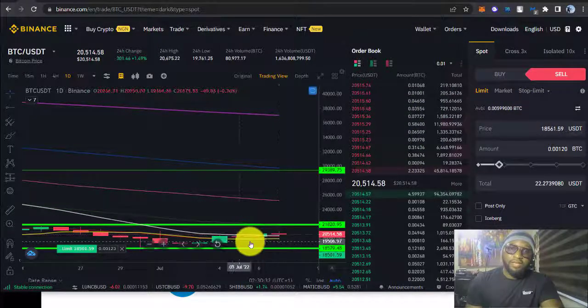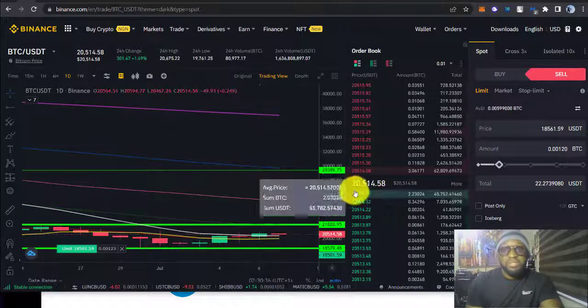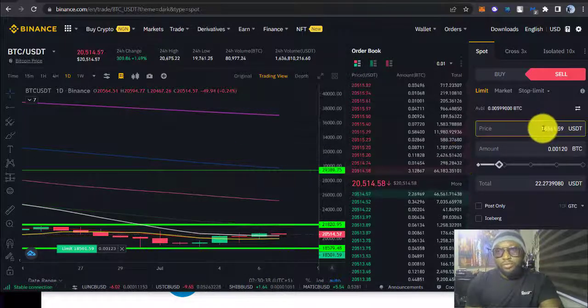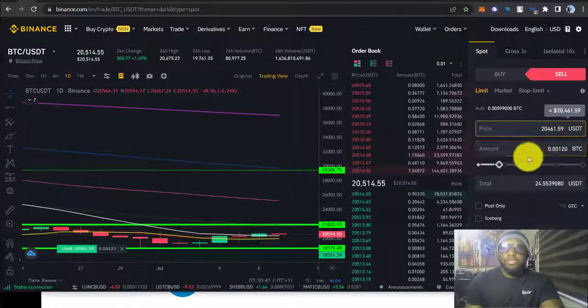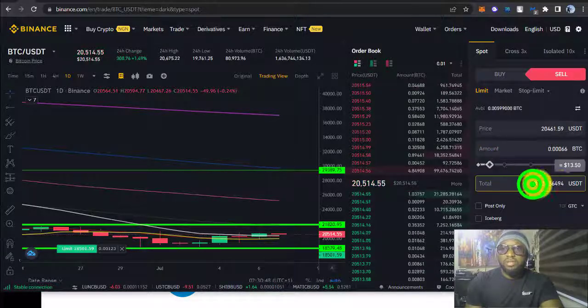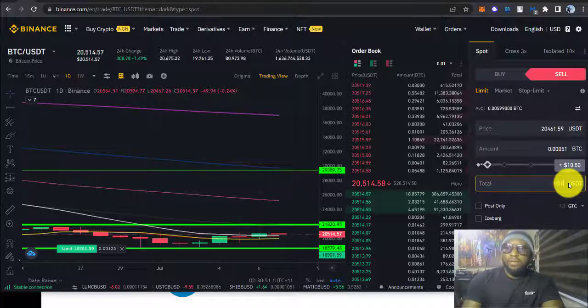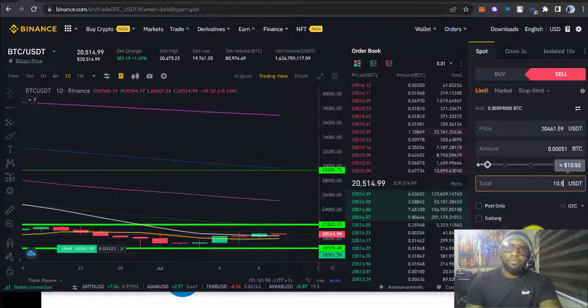Then I'm saying if the market goes below 20,400, so I'm going to put 20,461. It should sell 10. Let's put it to $11. You sell $10.5 worth of Bitcoin out of the Bitcoin I have.